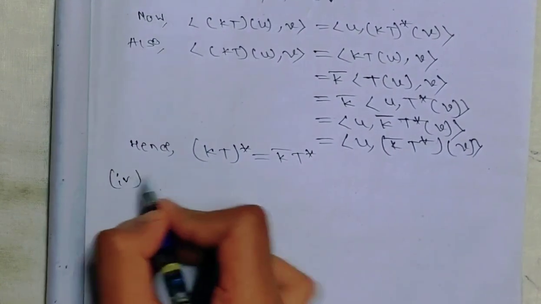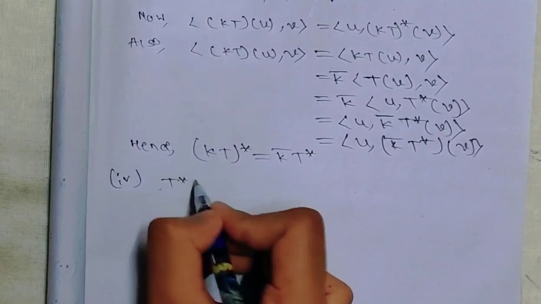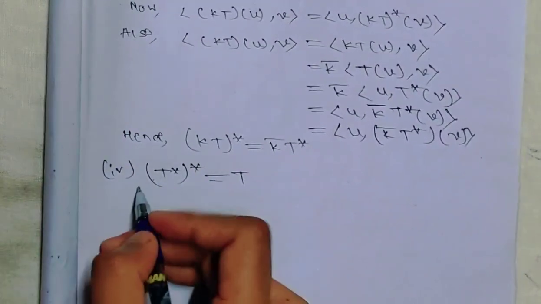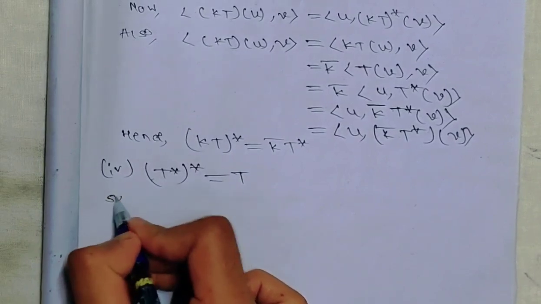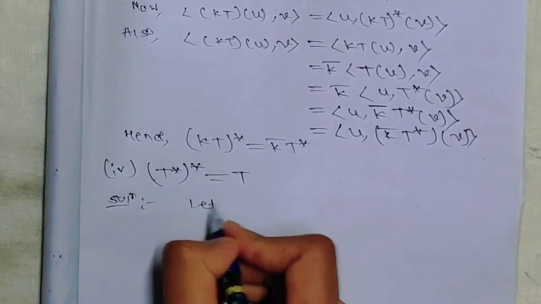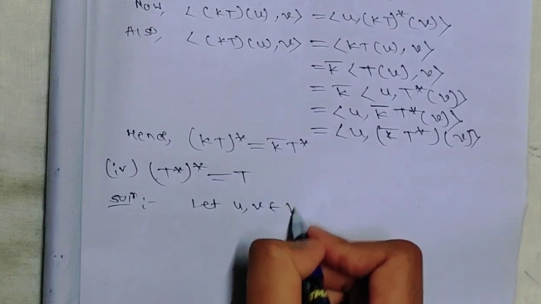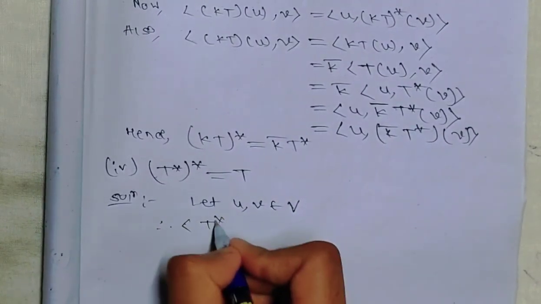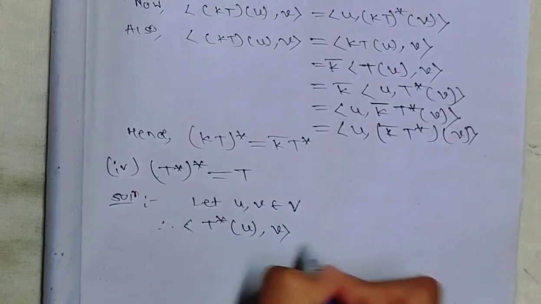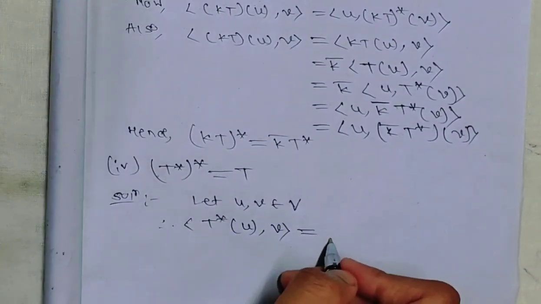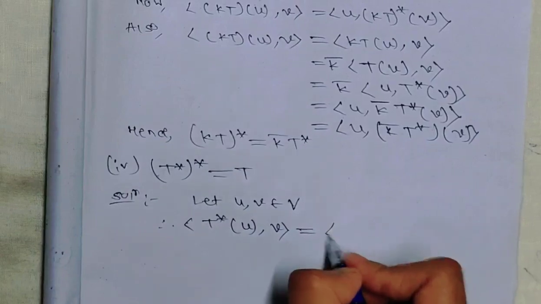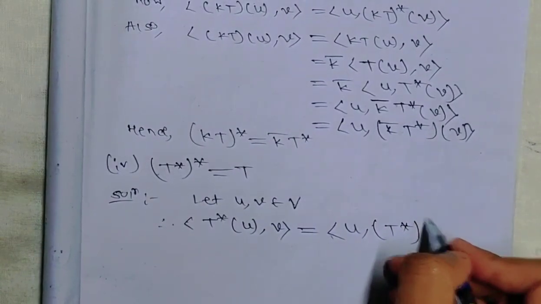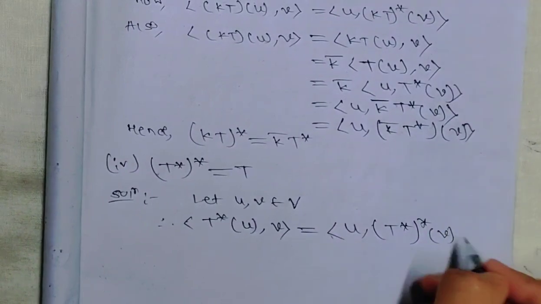Now the fourth property, we have to show that T star whole star equals T. Okay, now solution. Let u, v belongs to V, therefore inner product of T star of u comma v equals inner product of u comma (T star) whole star of v.